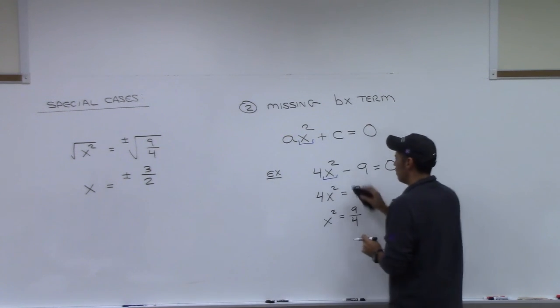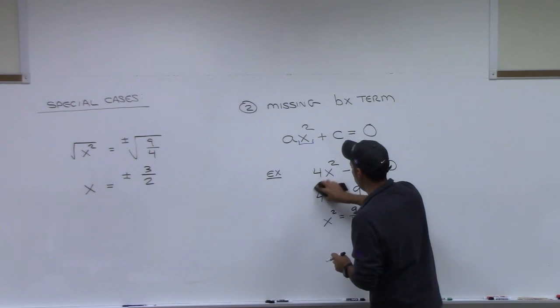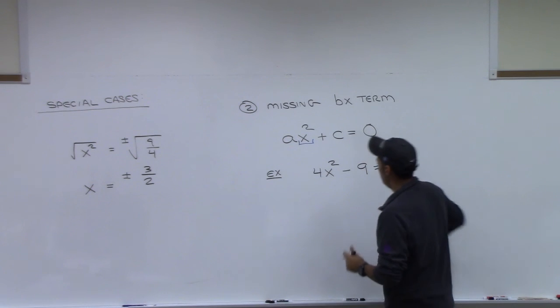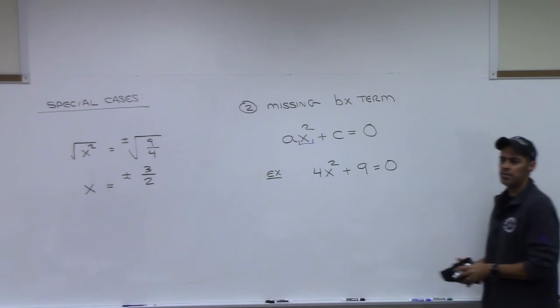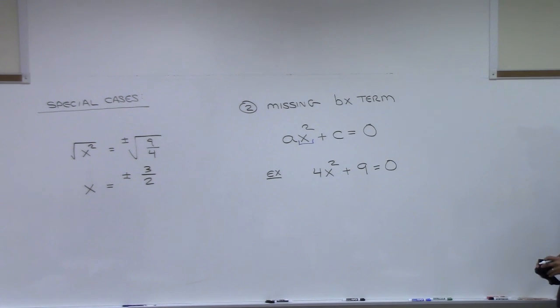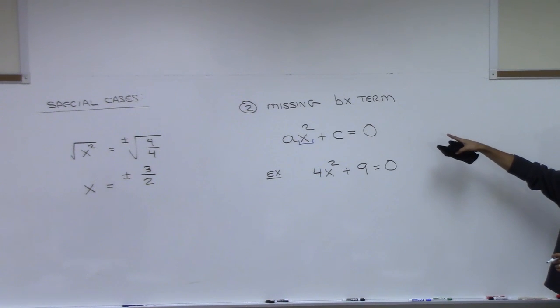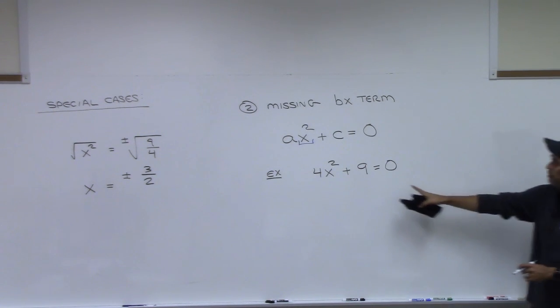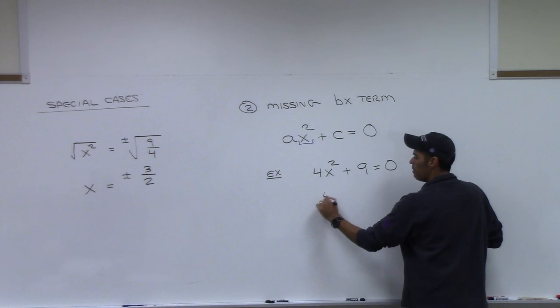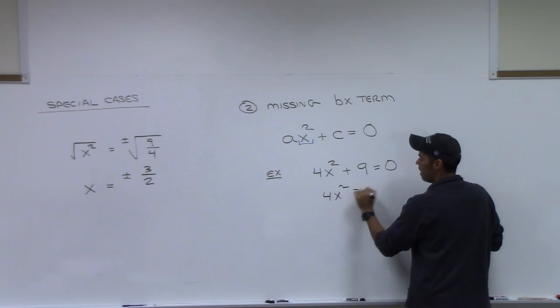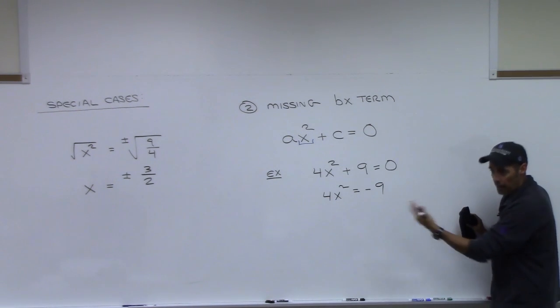Quick question here. What if I started the problem again, gave you this, and made that a plus instead of a minus? It's still that special case, right? So you'd move the 9 over. It'd become 4x squared equals negative 9. Divide both sides by 4.